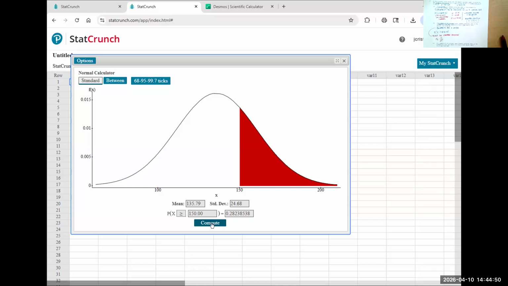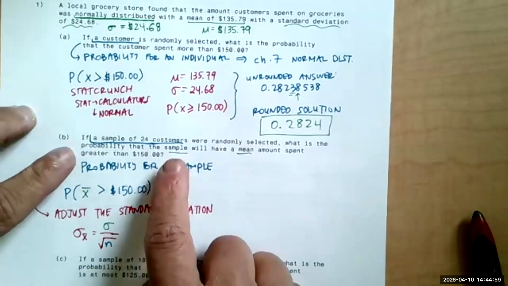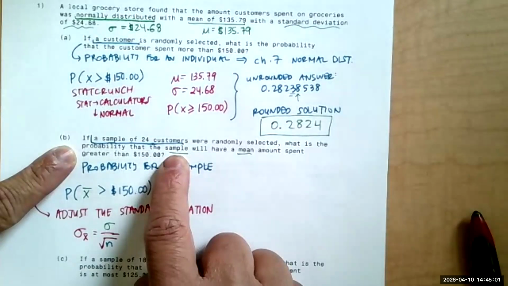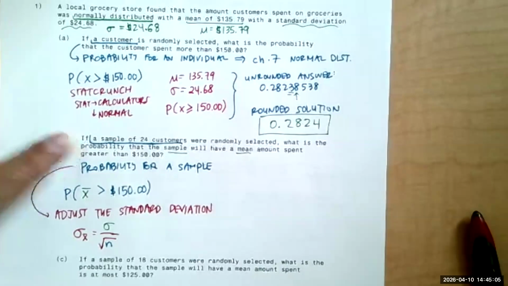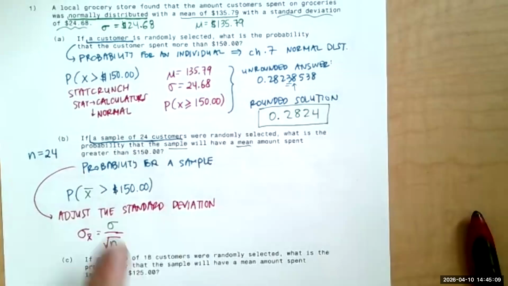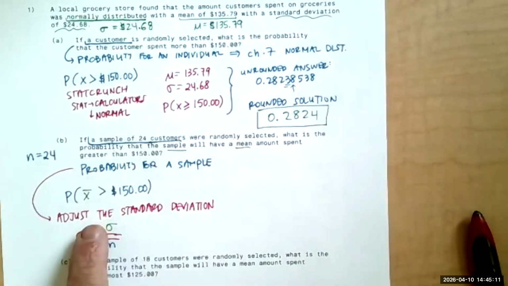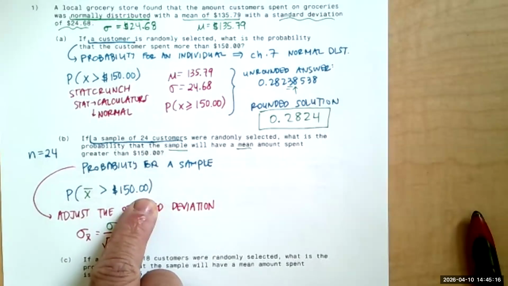Okay. And so let me switch screens real quick. I've been typing in that little box. Let me switch to here, right? So looking at that probability for a sample, we're dealing with the sample, n is going to be equal to 24. The probability for that sample mean, X bar, more than $150.